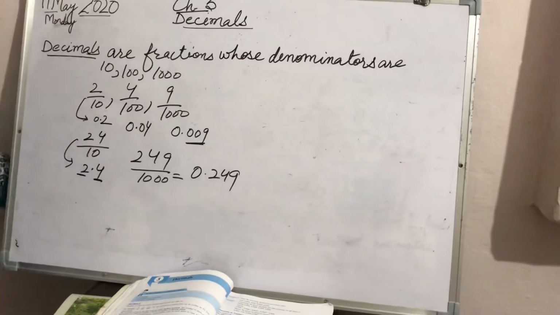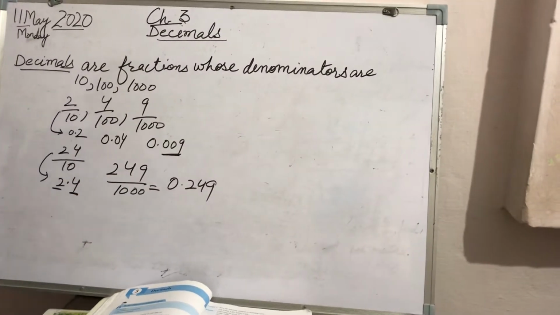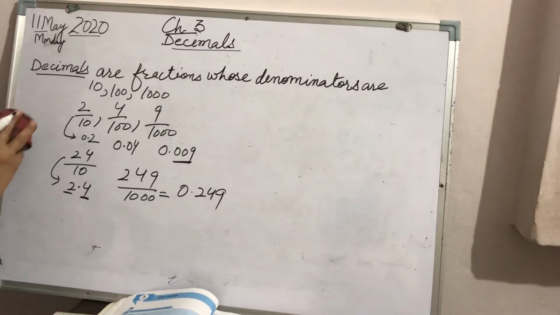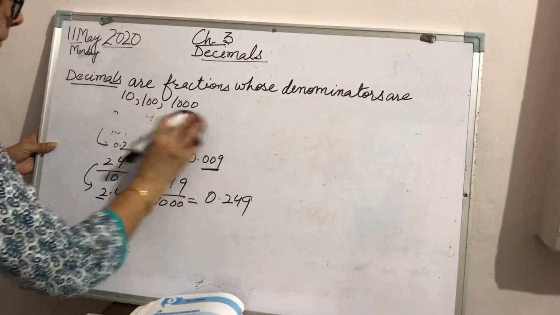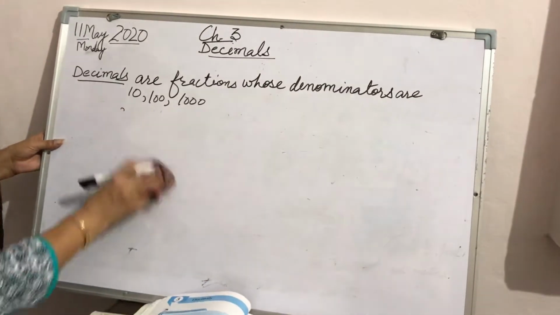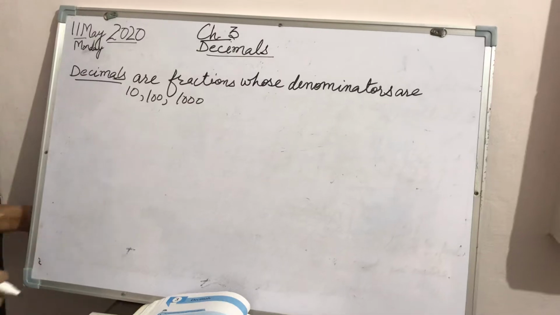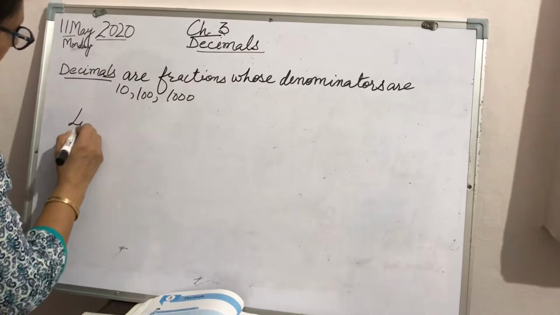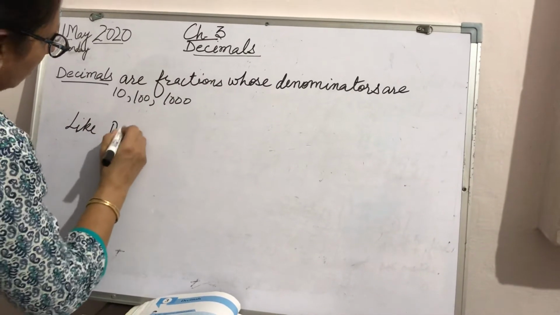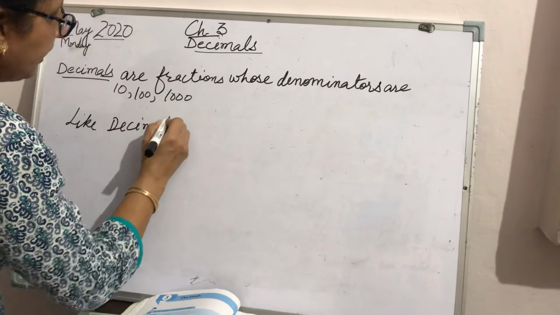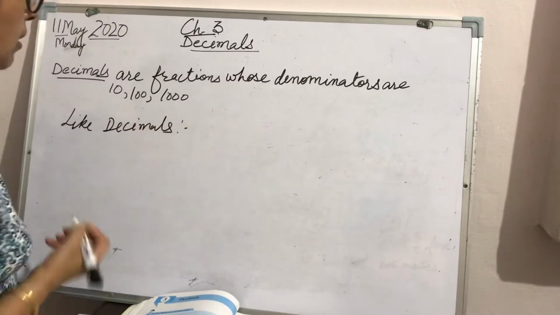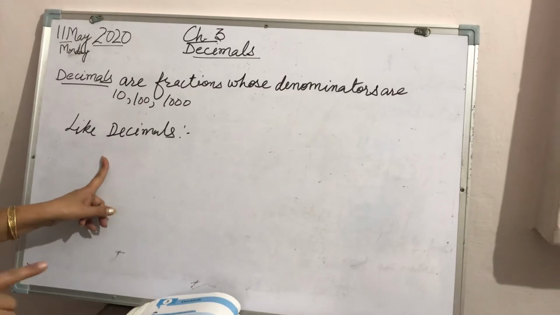So this is decimal. After this, types of decimal. First is like decimals. What are like decimals? You have already done like fractions in the previous chapter.